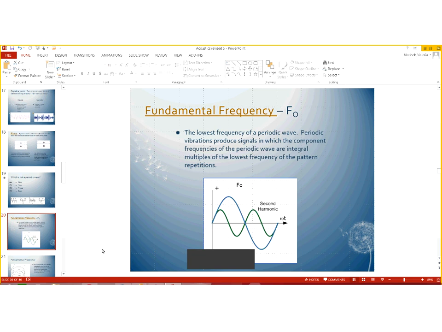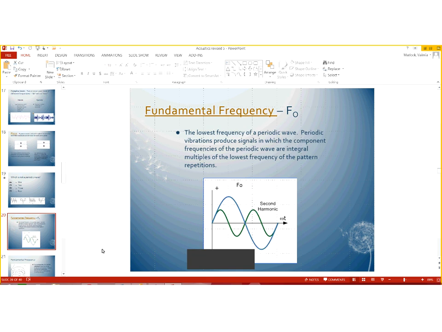Your vocal folds also have fundamental frequencies, meaning that based on the length and mass, they will vibrate. It is possible for them to vibrate at the lowest frequency possible, the lowest number of times possible. So longer, thicker vocal folds can naturally vibrate at lower frequencies than shorter, thinner vocal folds.